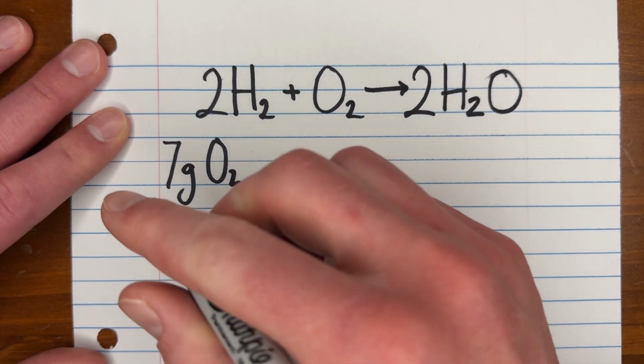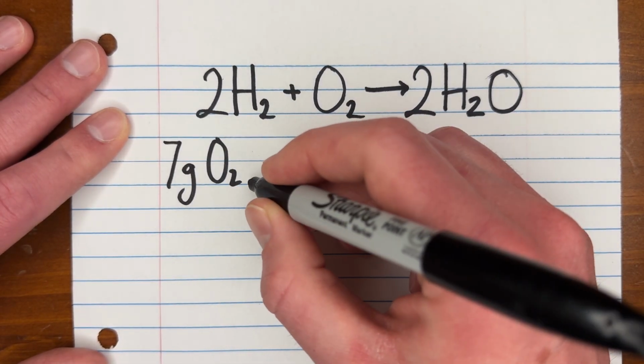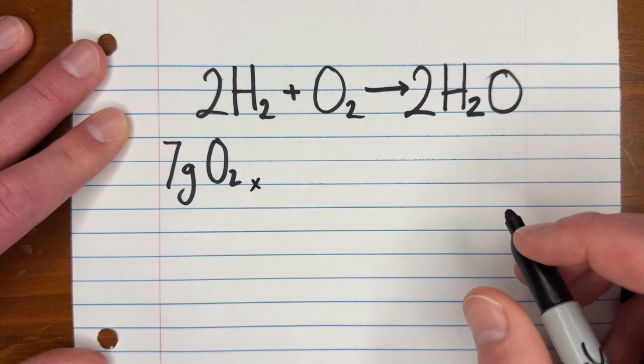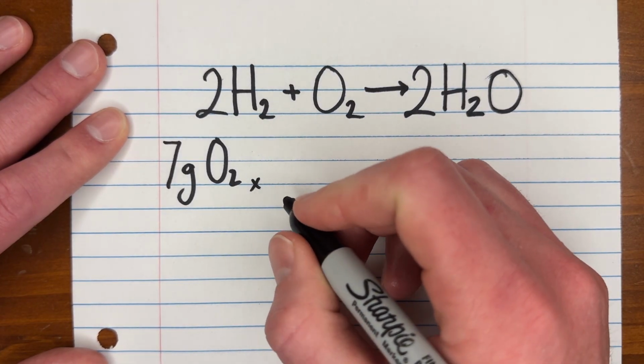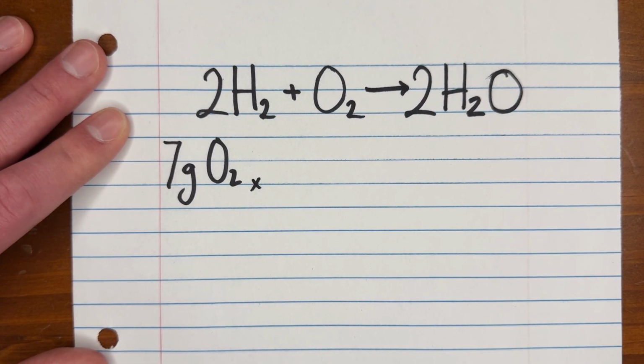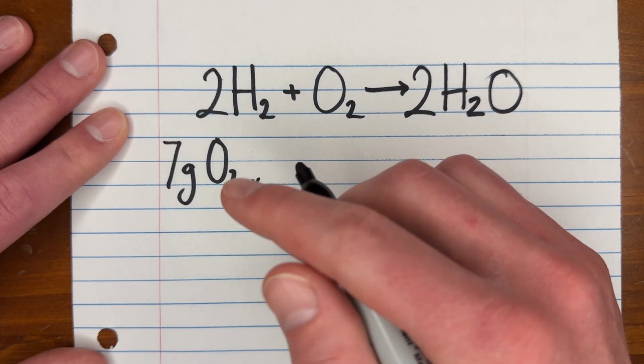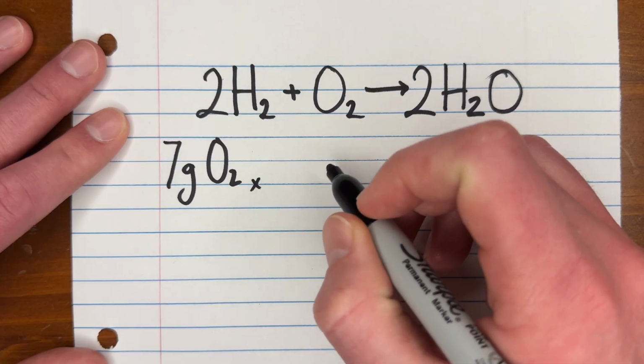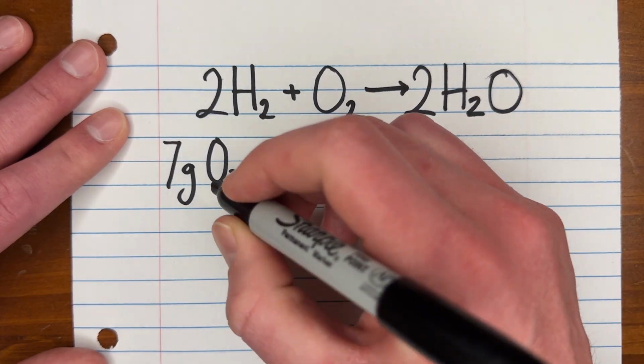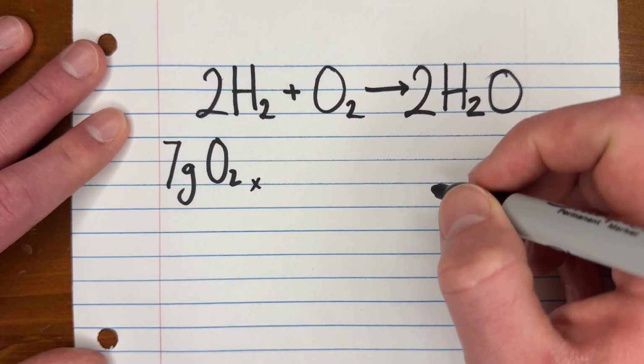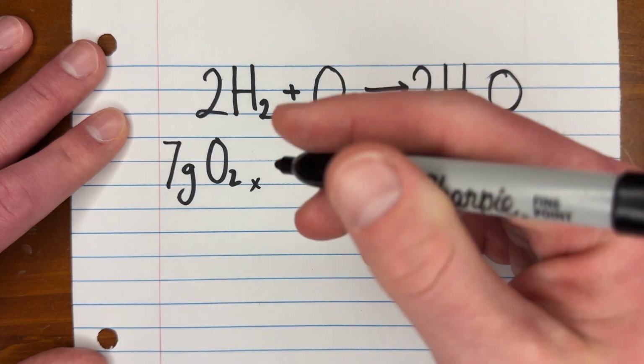So how would I convert this to moles? Well, I know O2 has 31.998 grams per mole. And so if I wrote 31.998 grams on the top and 1 mole on the bottom, you'd get grams squared over moles. Or in other words, you get the wrong units.